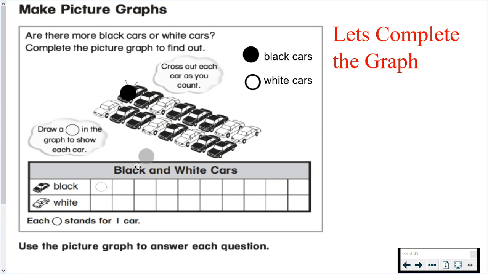And you can take all of the black cars at once or all of the white cars at once, or just go straight down the row and do it how you need it. But make sure that you are crossing out the cars as you put the circle on the picture graph. It's very important to make sure you represent everything.